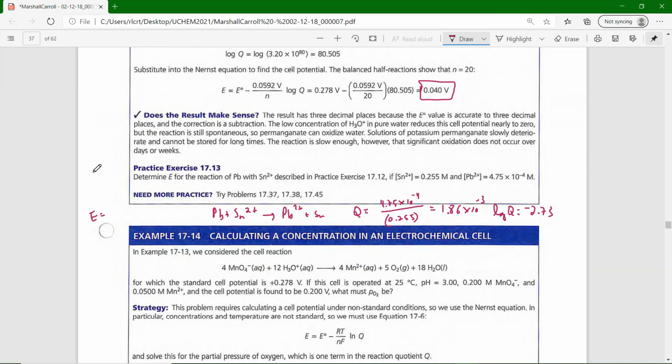So the tin 2 plus and the lead 2 plus, negative 0.126 and negative 0.137, and I want the tin 2 plus to be reduced. So it's negative 0.137 minus 0.126. So in other words, 0.137 negative plus 0.126 is negative 0.011.